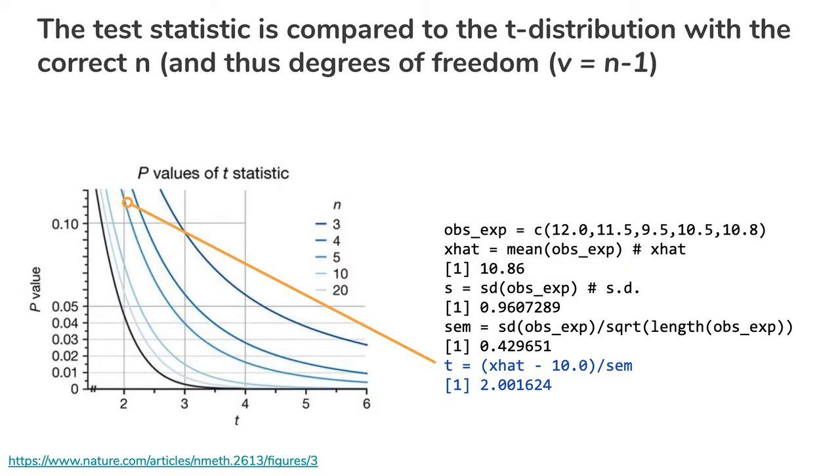And our t-statistic is 2. So if we look all the way up here, this is basically the point. This is t equal 2. And for the n equal 5 distribution, degrees of freedom equals 4, we can get a pretty good guess from this nice graphic that Krzywinski and Altman gave us.